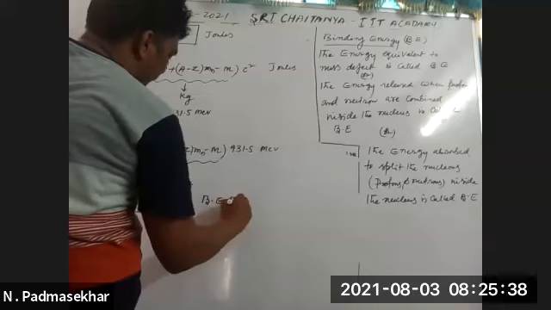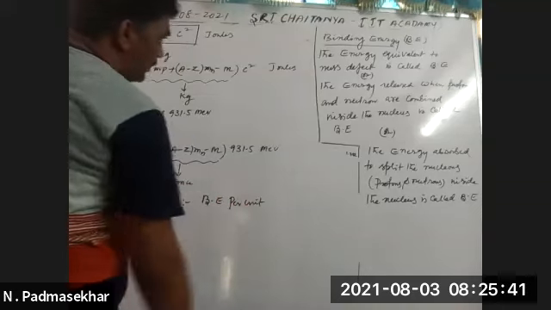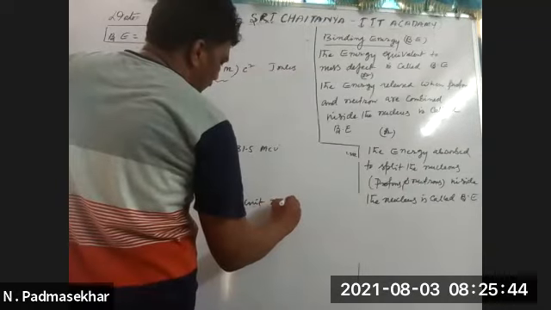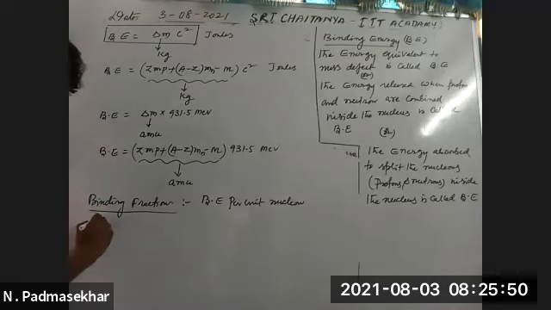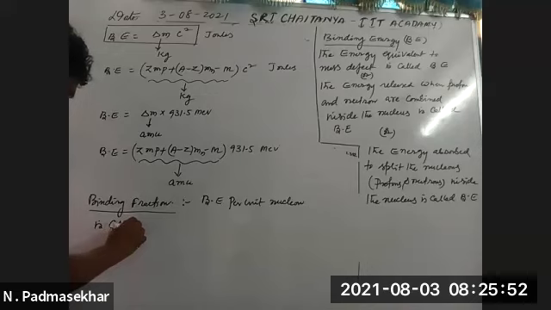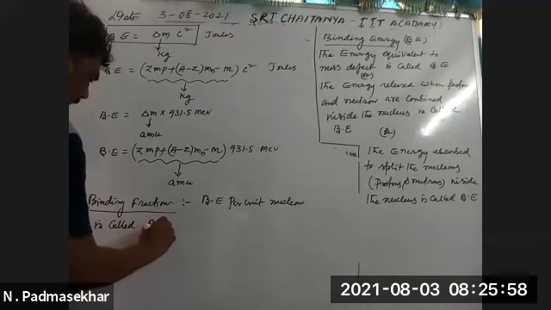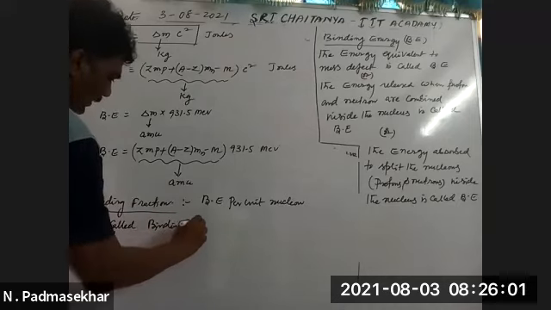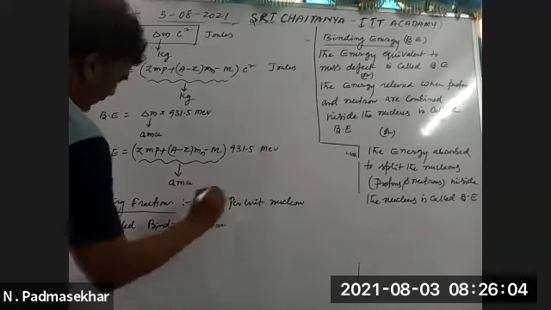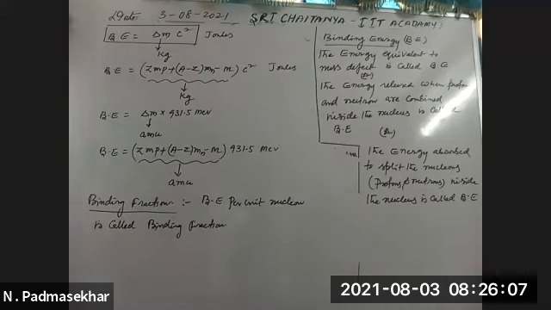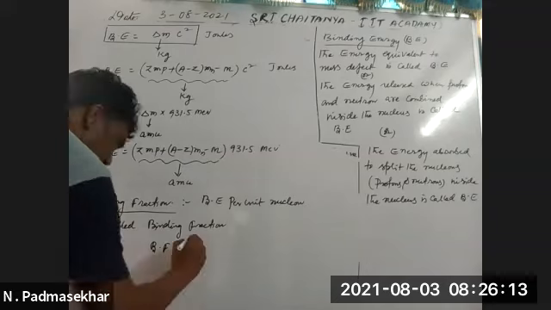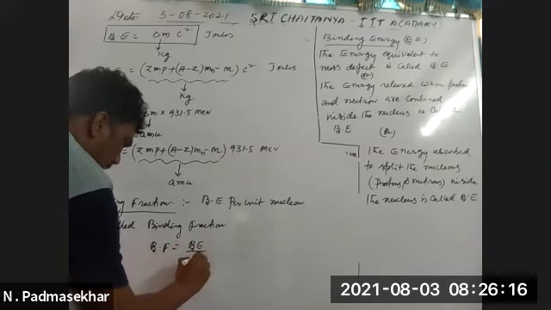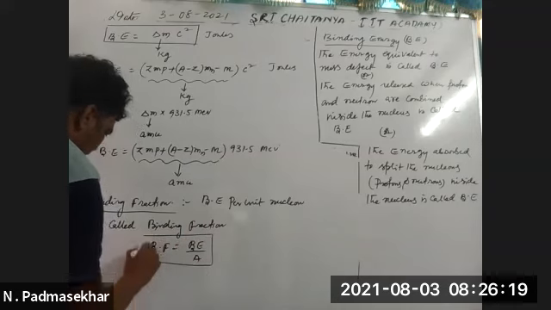Binding energy per unit nucleon is called binding fraction. So the binding fraction is equal to the binding energy divided by the mass number.